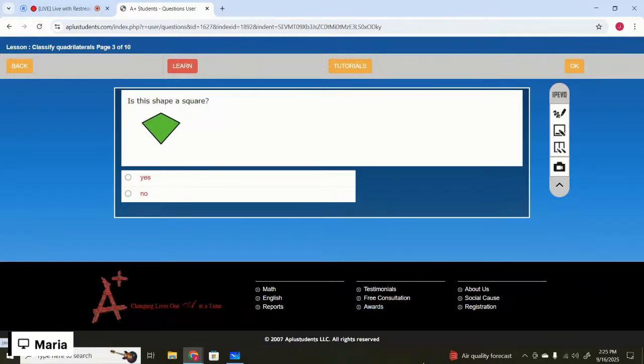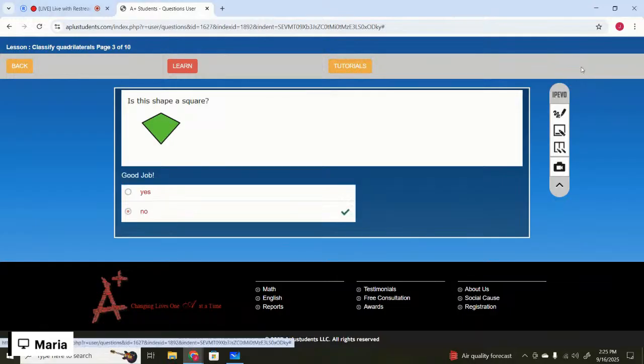No, this is not a square. Although it is a four-sided shape, it is not a square. A square has all four sides equal in measurement, right?